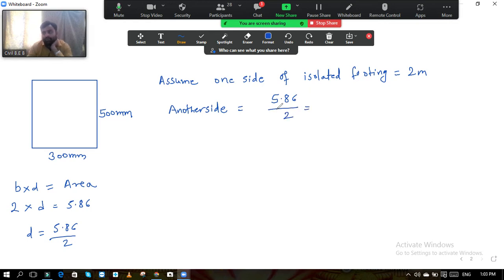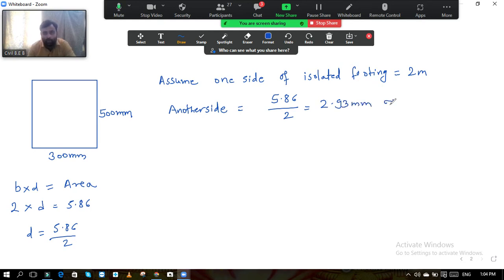So what is the answer? 5.86 by 2, what value will you get? 2.93. Okay, so it is 2.93 meter.